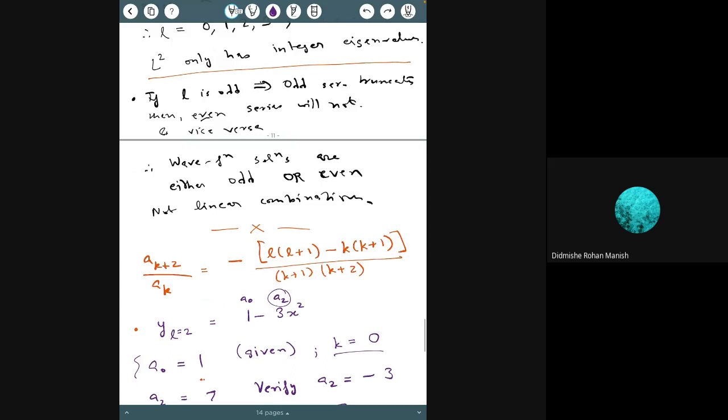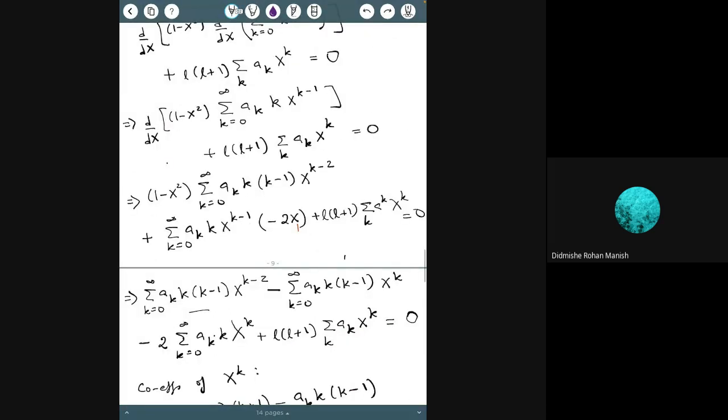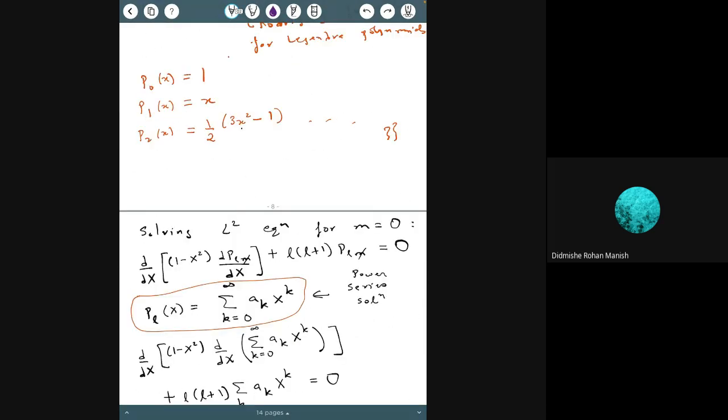So the normalized one for L equal to 3. Oh, I don't have that. L equal to 3, it should be 2 to the power 3, that's 8. 8 into 6. Okay, maybe it's like that, I don't know.